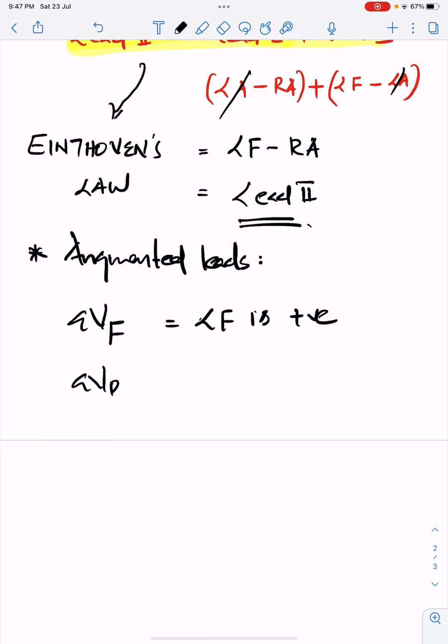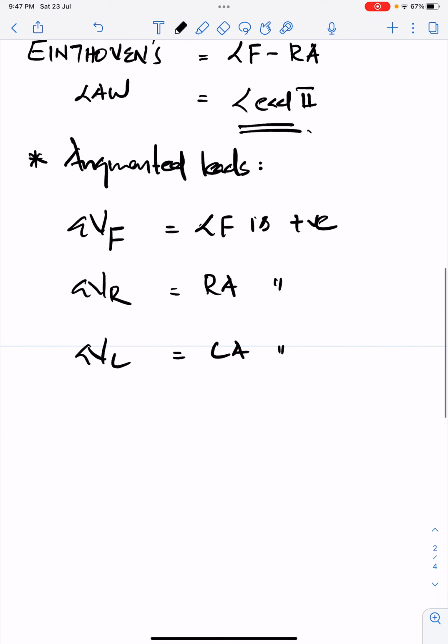In AVR, right arm is positive, and in AVL, left arm is positive. So only one limb is active. In bipolar leads both the limbs are active.